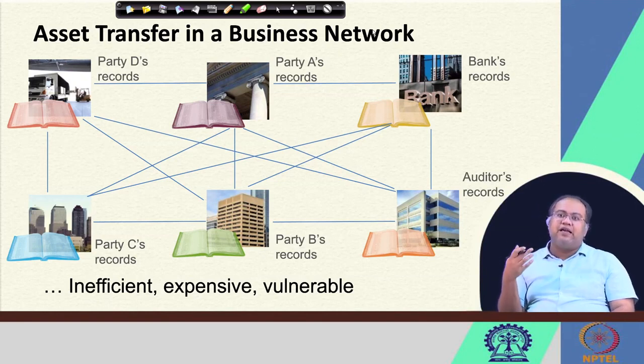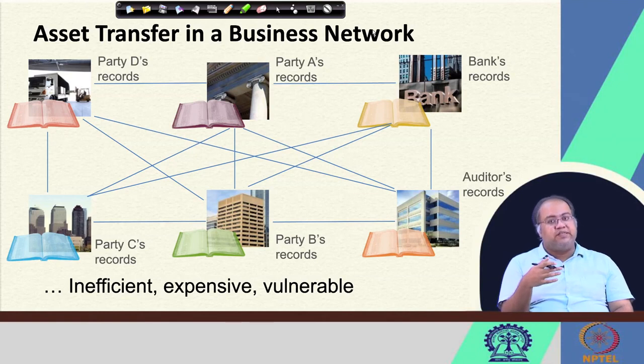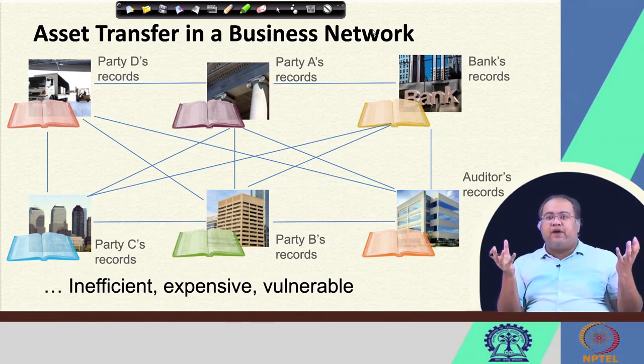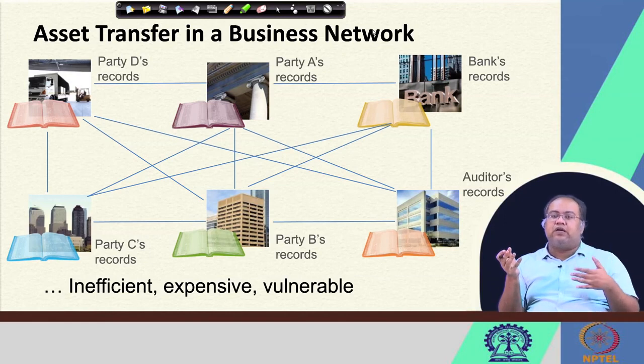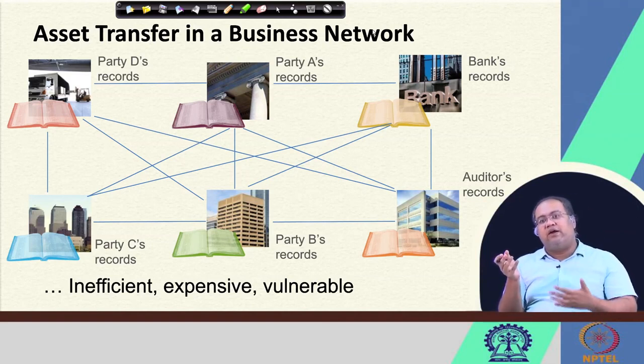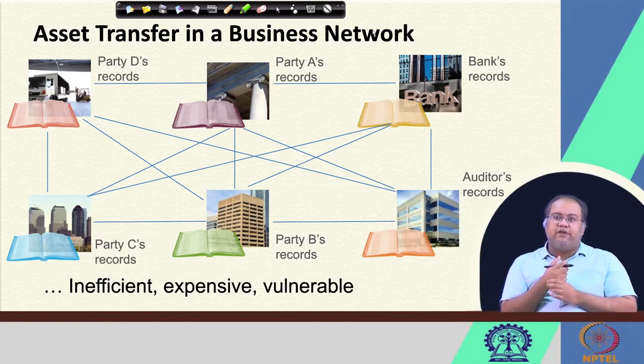So, this is a kind of inefficient process which is also expensive and vulnerable, because multiple different parties are involved and their assets, here assets in terms of the financial record, the transaction record, as well as the transaction history and all these details, are being shared between individuals and then shared to the auditor, where the auditor manually verifies all those records and tries to find out whether there is any fraudulent behavior.